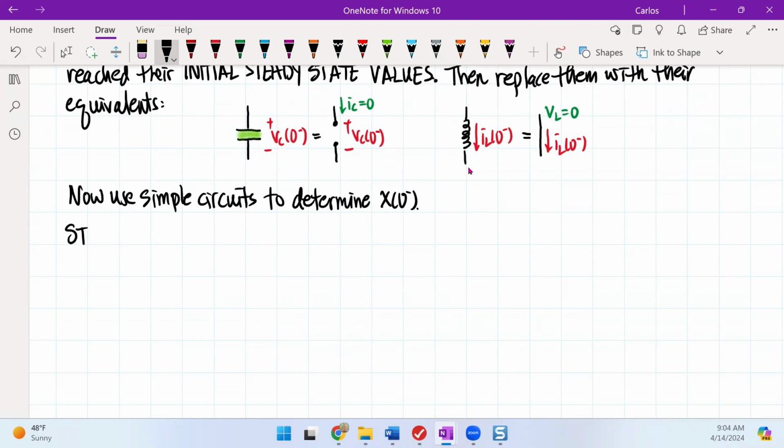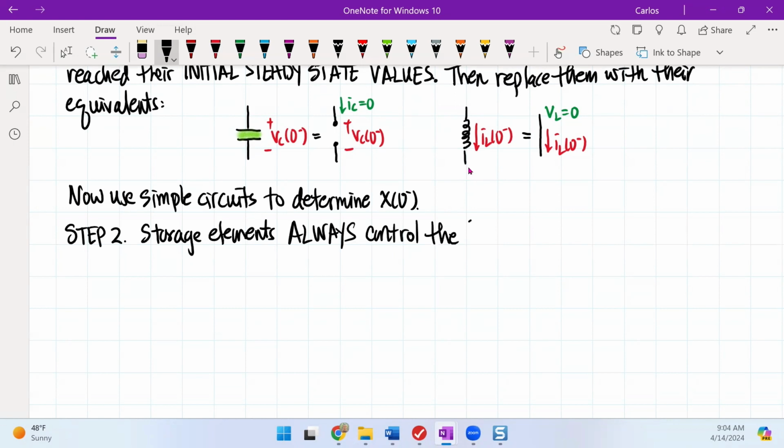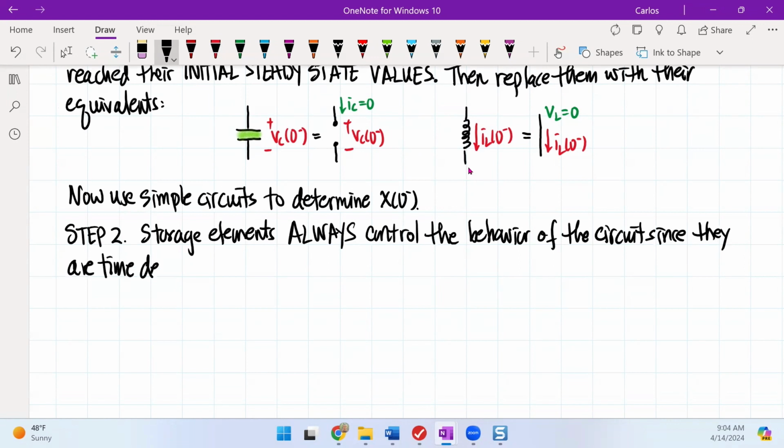So now we're at step 2. Storage elements always control the behavior of the circuit since they are time dependent.